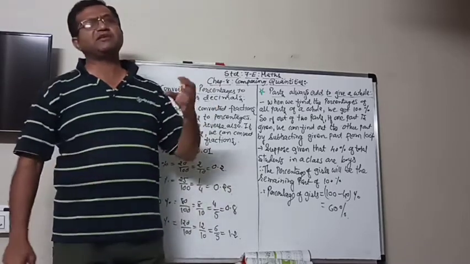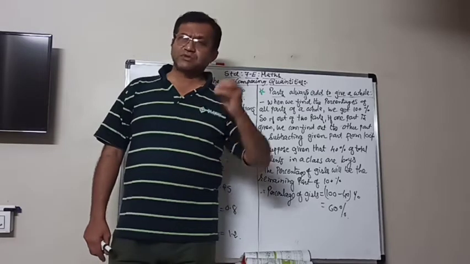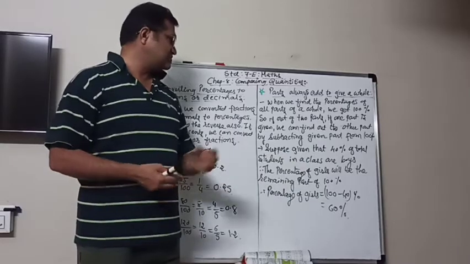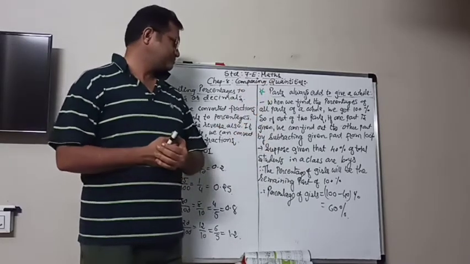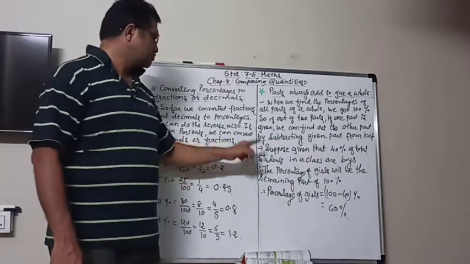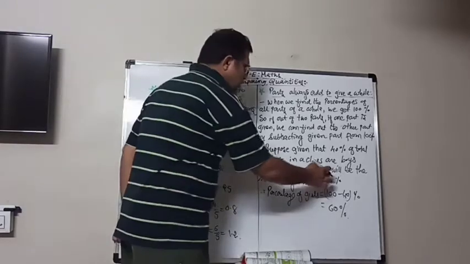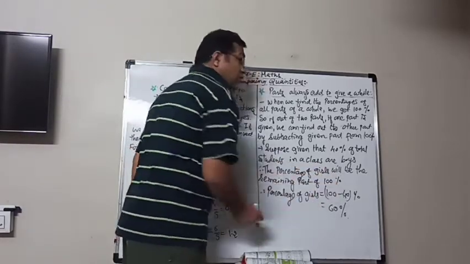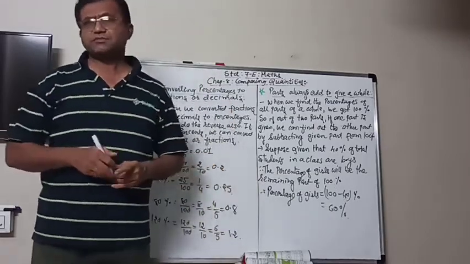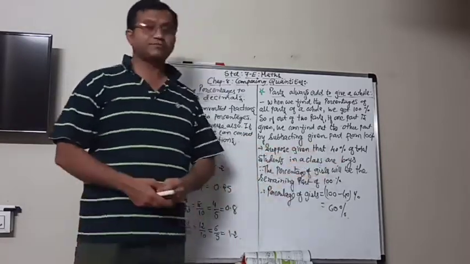For example, it is given that in a class 40% of the students are boys. Suppose it is given that 40% of the total students in a class are boys, meaning we don't know the total number of students, but only in percentage it is given that 40% students are boys.